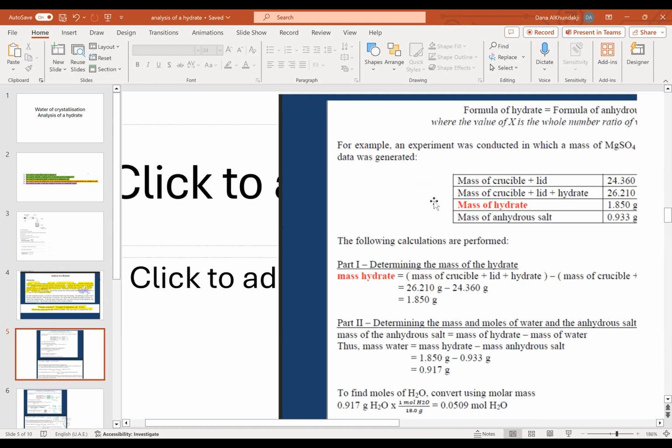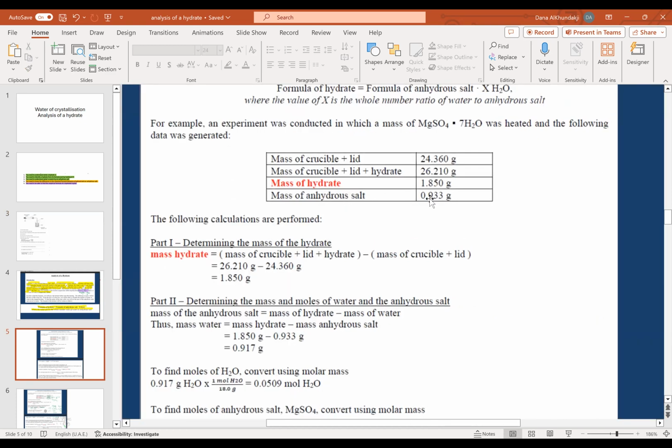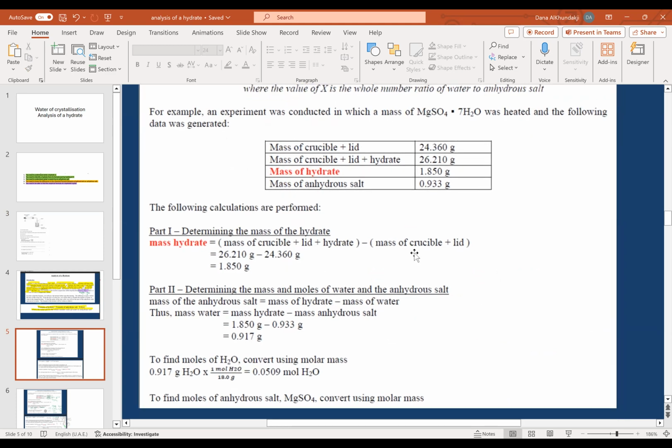Sometimes you may need to do some subtractions if it's inside the crucible or whatsoever. But let's see how it was done here. The mass of the hydrate basically is the mass of the crucible with the lid and the hydrate minus that of the crucible and the lid. So these are the two values, and then you should show your work. For the second part, to get the anhydrous, you need the mass of the water as well.